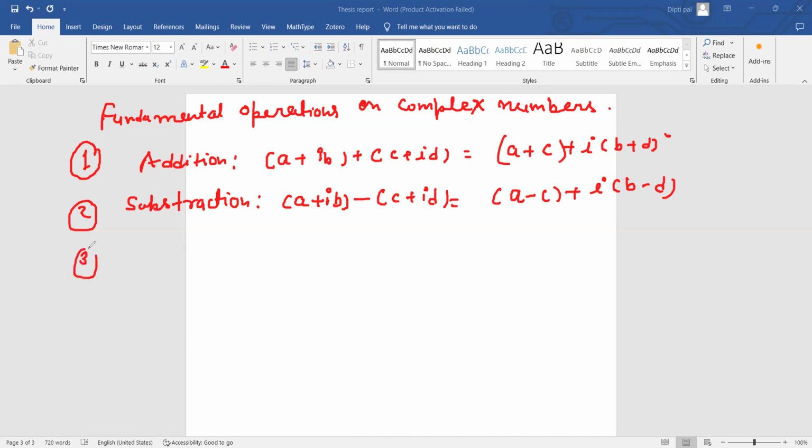Third one is multiplication. a plus iota b times c plus iota d.